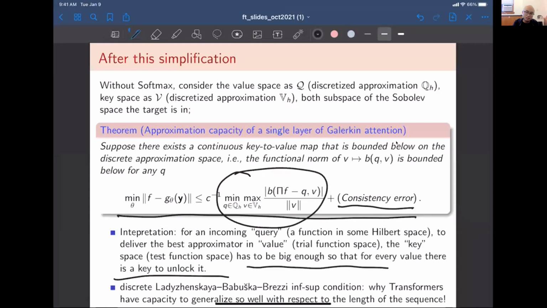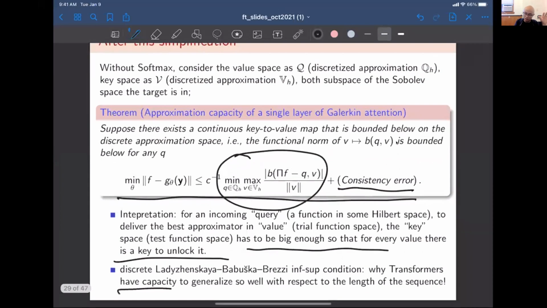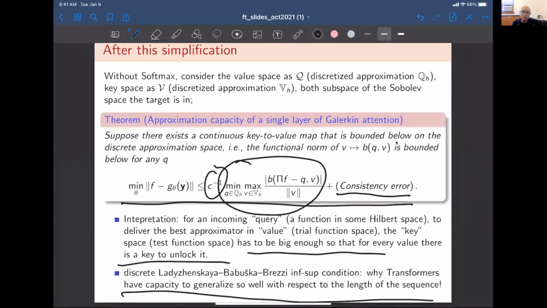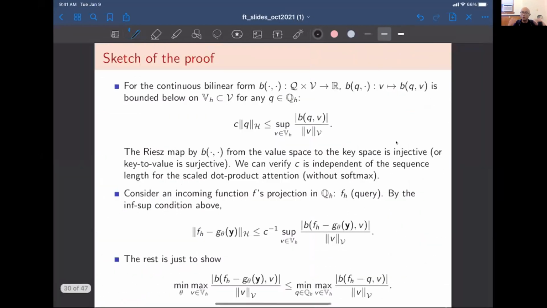And then we can simply use the discrete inf-sup condition to prove this, and this C is our inf-sup constant. Like I said, once we realize it's a Petrov-Galerkin approximation, proving this is just a simple finite element exercise everyone can do.